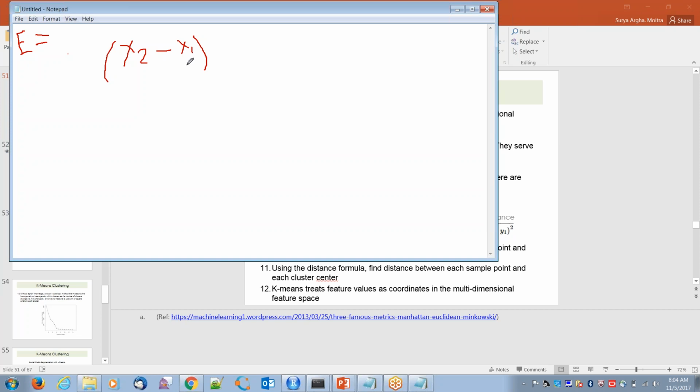Say h1 is our cluster center, CC, and we take all the points, h2, h3, h4, like that. So h2 minus h1, we square it, and let's say our point is h1, y1, then y2 minus y1, doing it on just two axes, where y1 is once again our cluster center.